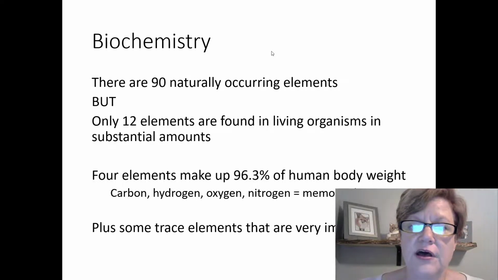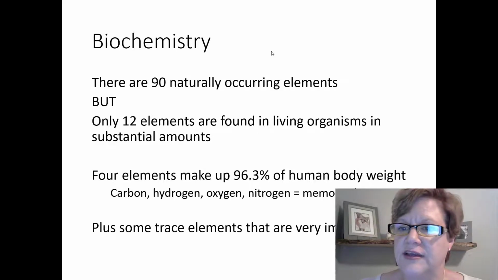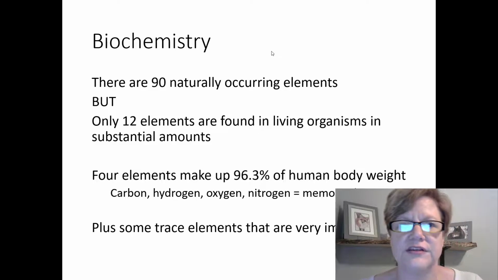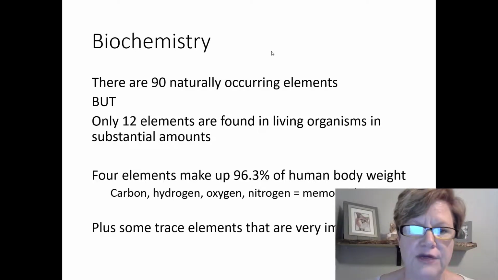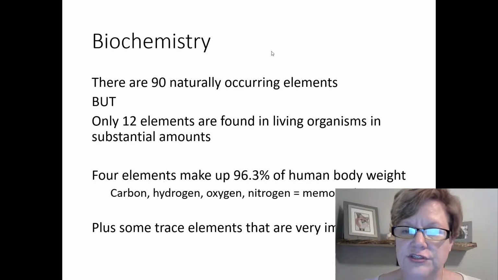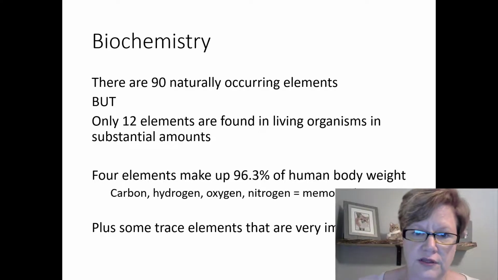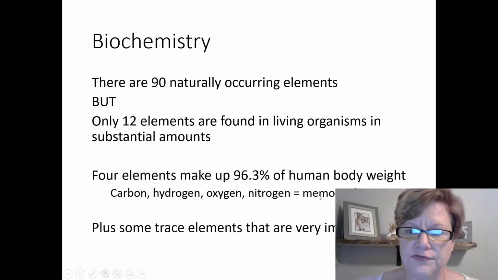And of those 12, really only 4 are really important. So the 4 most important elements that we need to study if we're starting our study of biology and biochemistry are carbon, hydrogen, oxygen, and nitrogen. You need to memorize those. All right, just memorize that these are the 4.